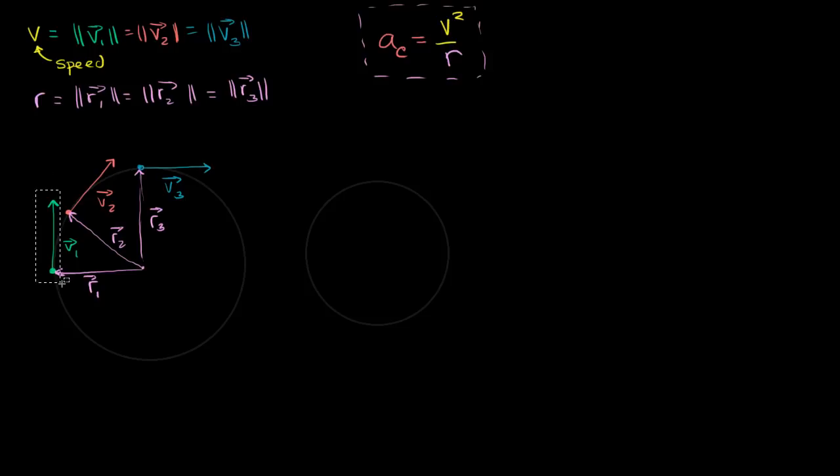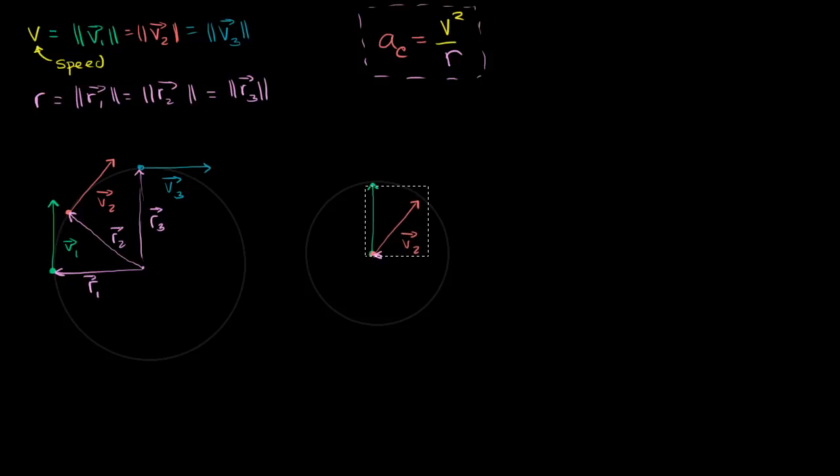So let's copy and paste this. So let me copy and paste v1. I actually want to do it from the center. So that is v1. Then we do the same thing for v2. So let me copy and paste it. That is v2.